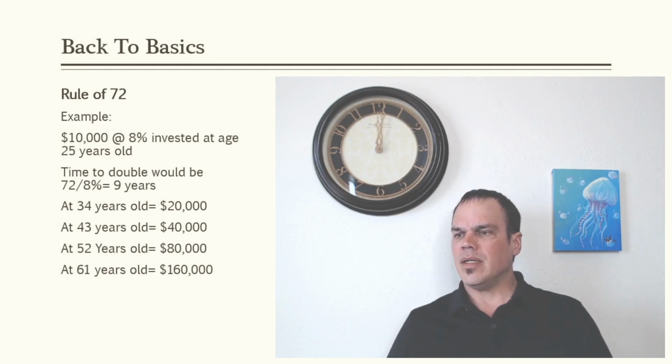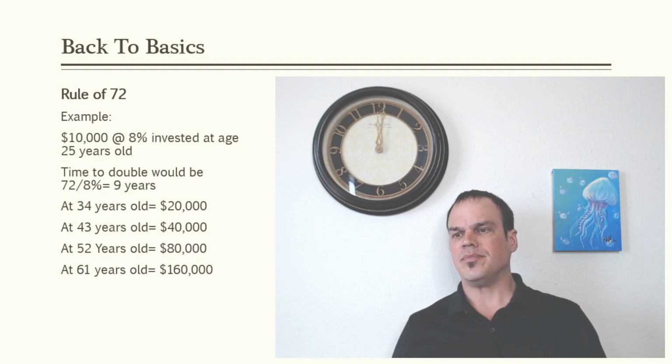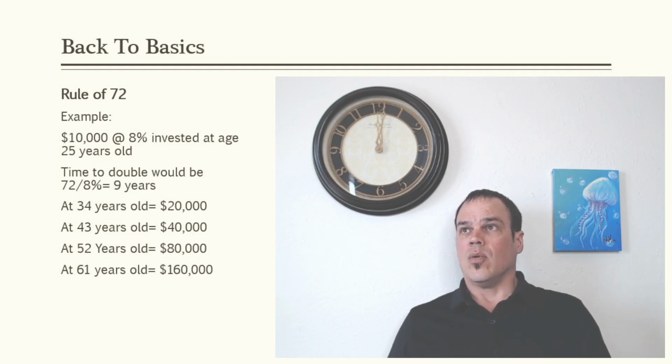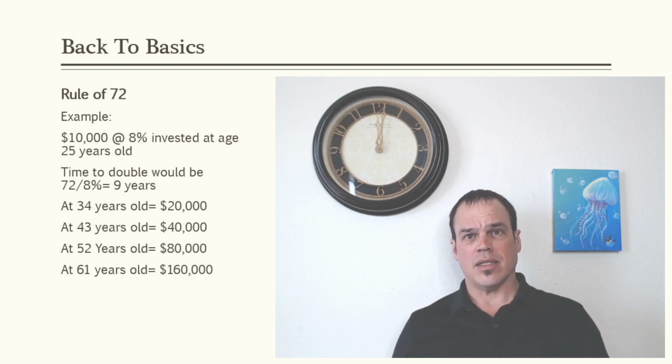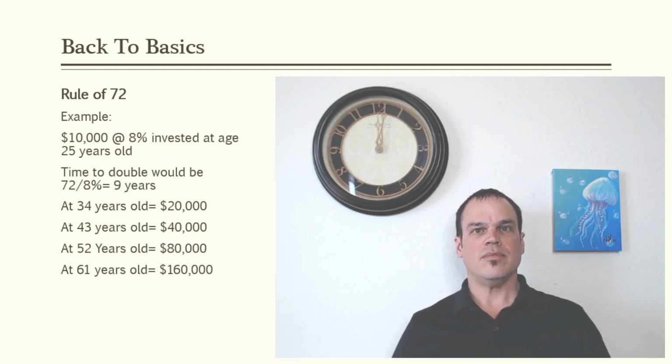Now you might be wondering why this really matters. Well, one of the things that I made the mistake in my life is I didn't invest money early on in life. I was busy raising a family, busy buying stuff that I thought made me look important, feel important. And I didn't invest a whole lot of money.